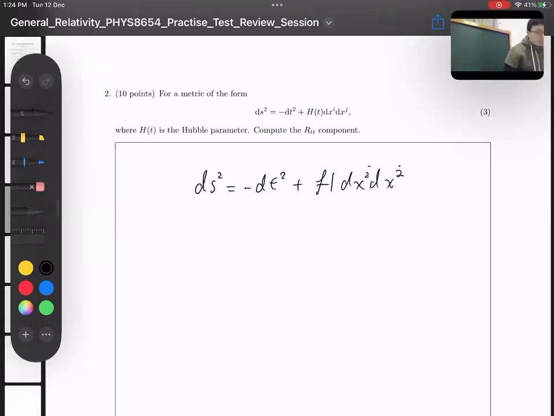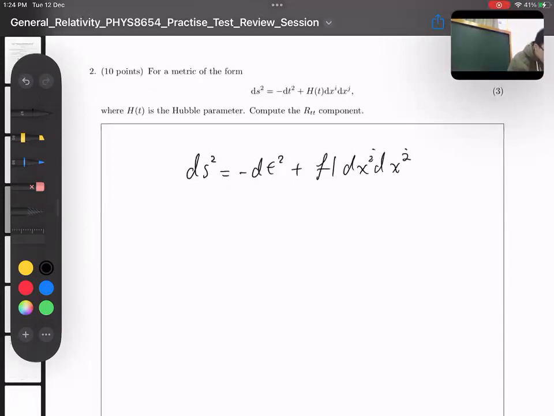So remember the geodesic equation: x dot dot mu plus... right? That's the geodesic equation. The trick is to convert this into a Lagrangian and then compare with the geodesic equation.